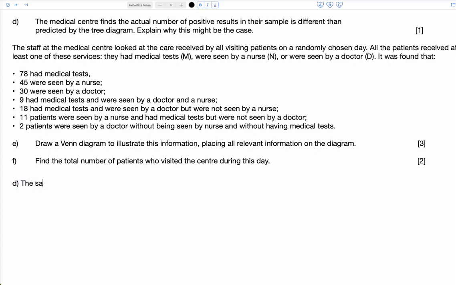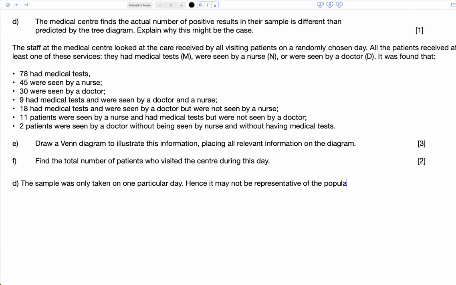The sample was only taken from one particular day, hence, it may not be representative of the population.